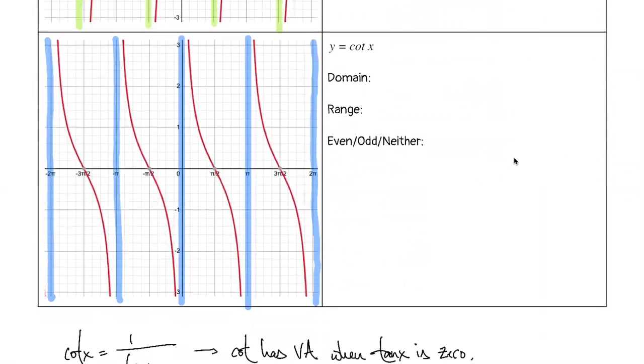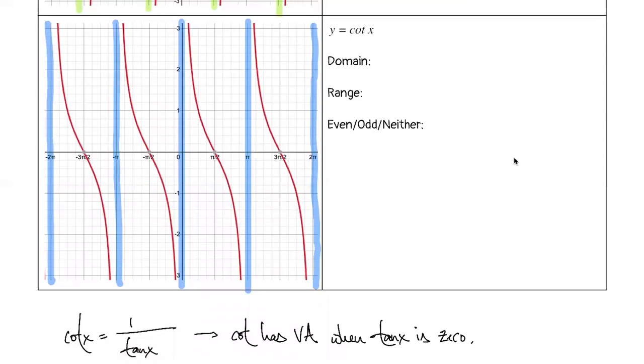All right, so let's take a look at the domain for cotangent. Well, it looks like it could be all real numbers, except x cannot equal any of those vertical asymptotes. And when I look at all the vertical asymptotes, they look like they're multiples of pi, right? We have pi, negative pi, 2 pi, negative 2 pi. And so we could say all real numbers except x cannot equal a multiple of pi, where k is an integer, okay?